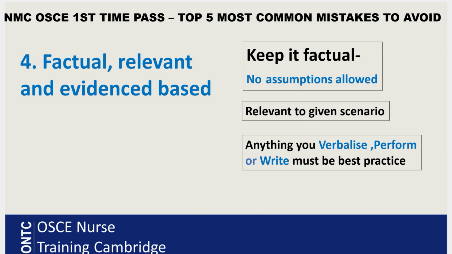Next thing is relevant to the given scenario. Whatever nursing needs you choose to write your care plan on has to be relevant to your scenario, and has to be a significant, important nursing need for your patient. Another thing is anything you verbalize, perform or write in OSCE must be best practice based on evidence.